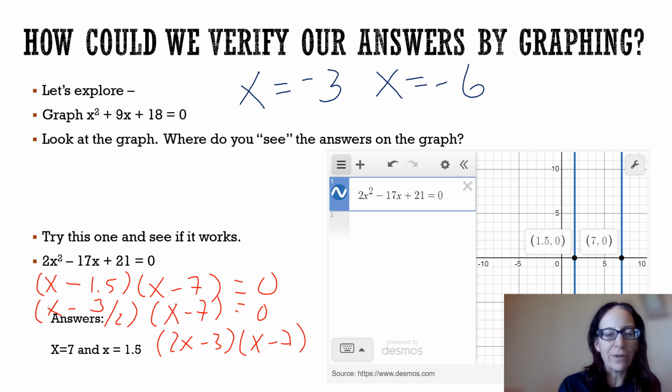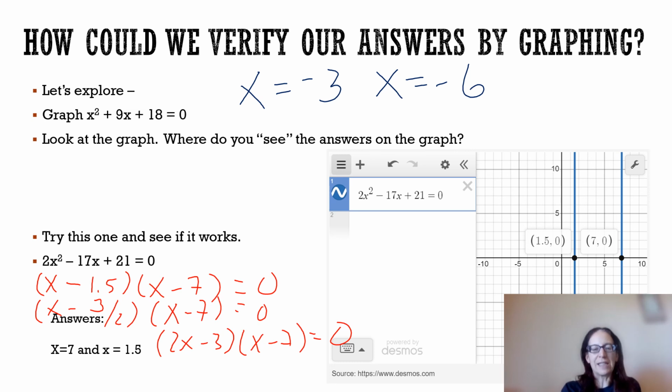That's a little weird, and I wouldn't expect you to figure that out. If you took that and solved it, you could get the 1.5 and the 7 from it. So it's just another way to do it with graphing.